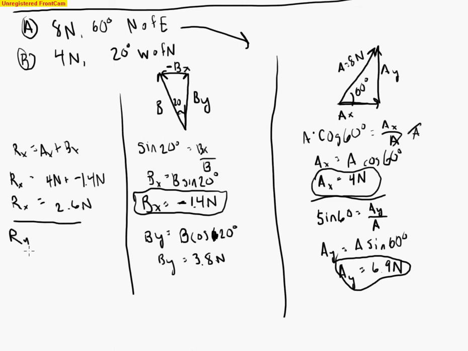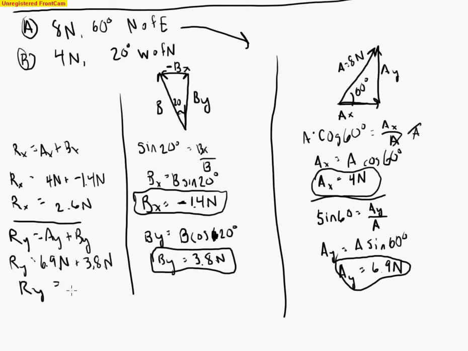RY is AY plus BY. Here's our BY. So it's 6.9 newtons plus the 3.8 newtons. So we get RY is 10.7 newtons.